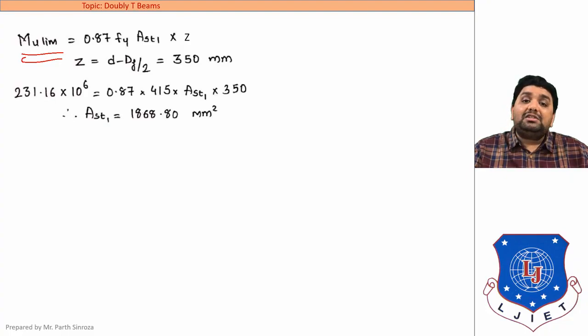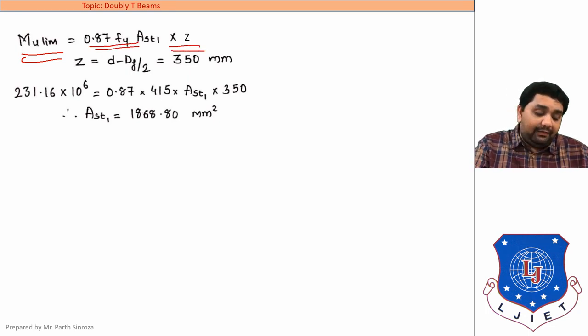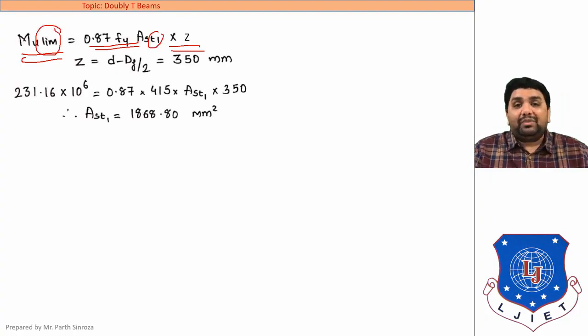Now we just need to use the equation of moment, and moment, we all know, is force into perpendicular distance, that means we will be using it as T into Z. Clear? Mu lim will be taken as T into Z, and if we are taking a limiting section, then the steel pertaining to the limiting section will always be Ast1, as we have discussed in WRC beam.